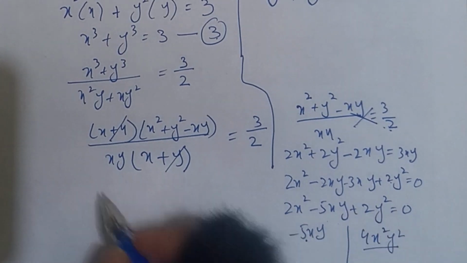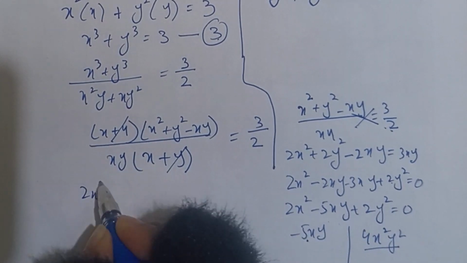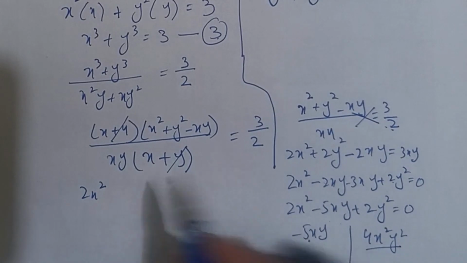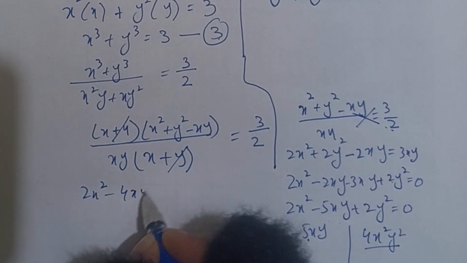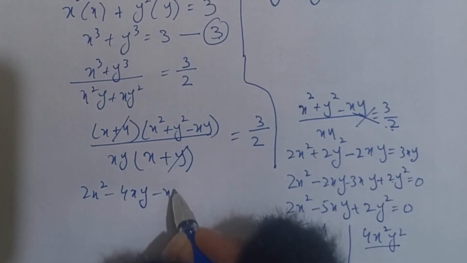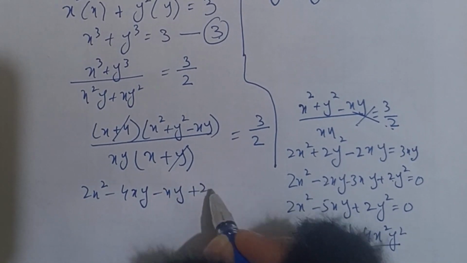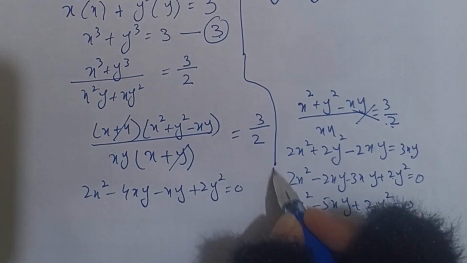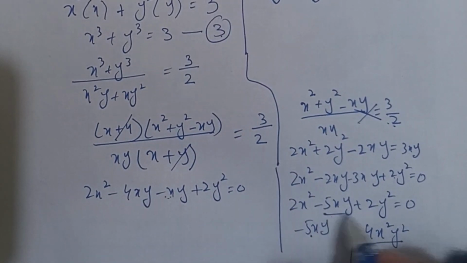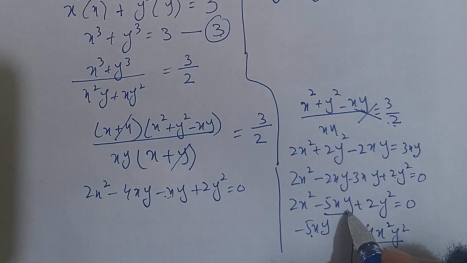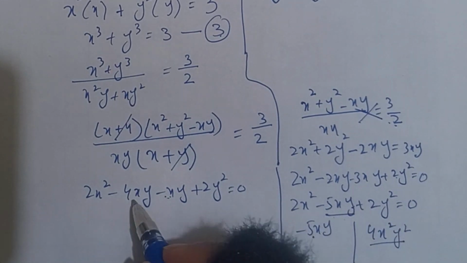So we can write this equation as 2x square minus 4 times xy minus xy plus 2y square is equal to 0. If we add then we get the middle value minus 5 times xy, and if we multiply then we get this.